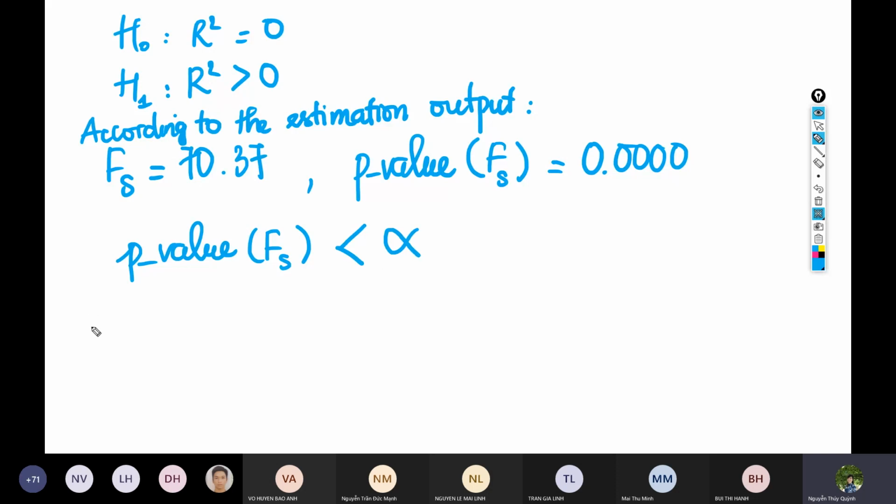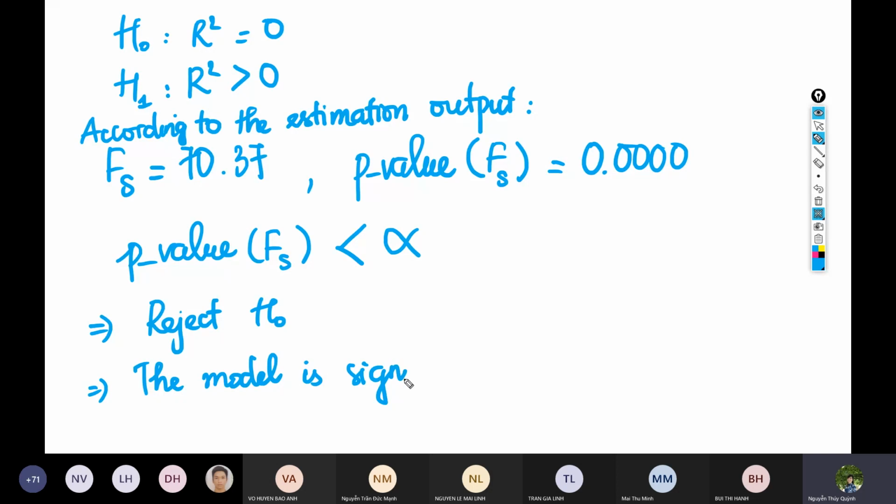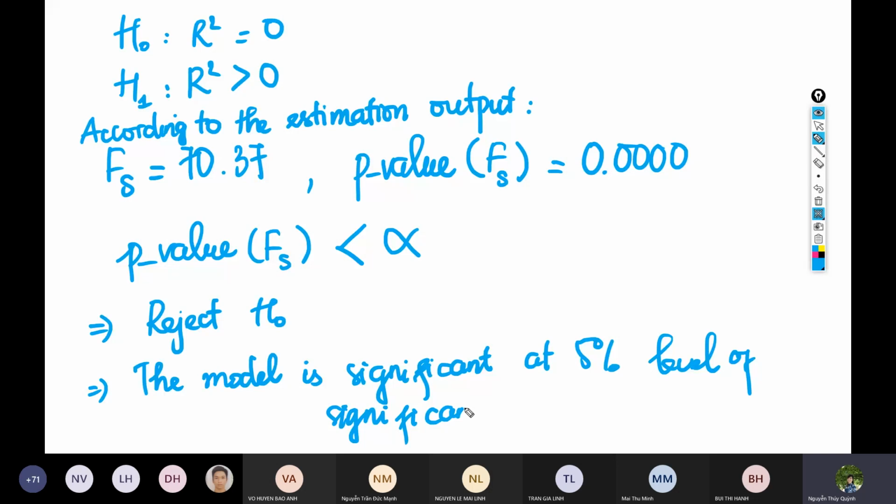So from this, we can reject the null hypothesis, and we conclude that the model is significant at 5% level of significance. That's how we can use the p-value approach.